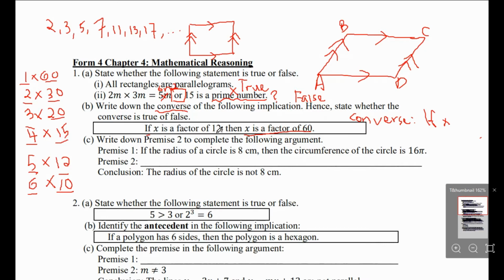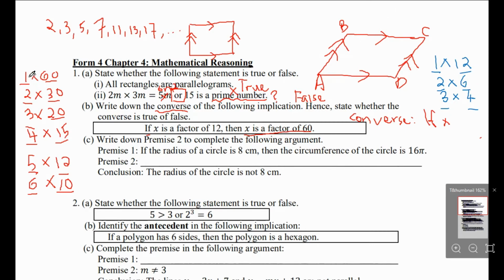Then how about factors of 12? What numbers multiply together to get 12? Okay, so we have 1 times 12, 2 times 6, 3 times 4. No more. So the factors of 12 will be 1, 2, 3, 4, 6, and 12. Now let's look at here.